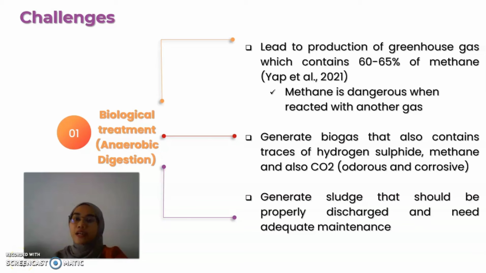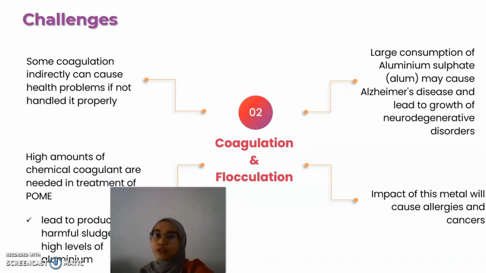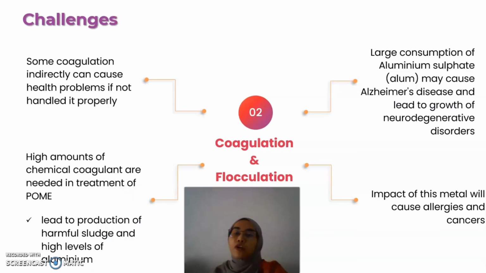Next we will focus on the other challenge: coagulation and flocculation. In the coagulation and flocculation process, we usually use either natural or chemical-based coagulants. This process is commonly used to help reduce the organic and solid content in palm oil mill effluent.